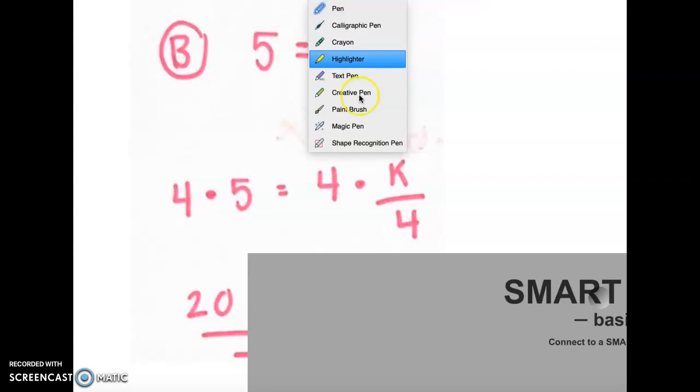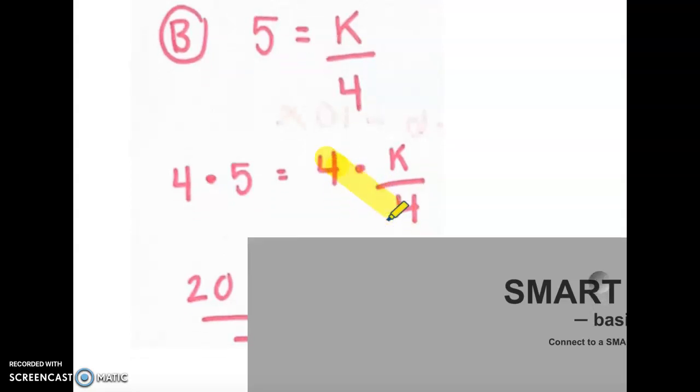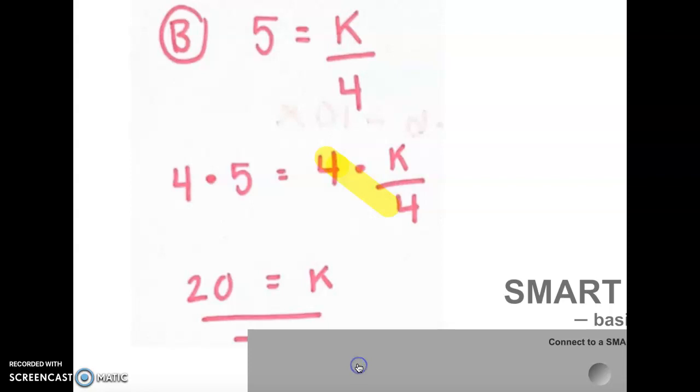On the right-hand side, when we are multiplying 4 times k over 4, these 4's make a big 1. So then we have just 1k left on the right. So now we have 20 is equal to k. And we're done because k is on one side of the equal sign by itself. We have isolated the variable.